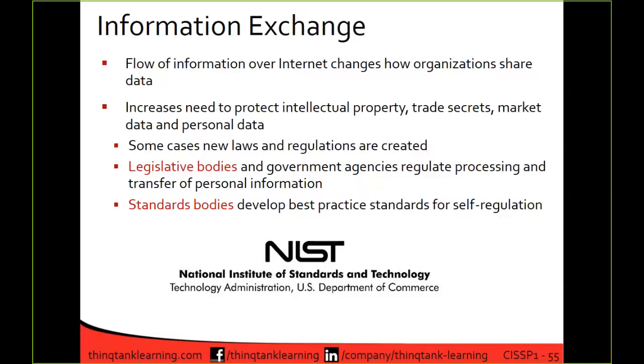But with regard to PII, the most important aspect of managing that is how that information is exchanged over public domain, specifically over the internet. There is an increased need to protect intellectual property, trade secrets, market data, personnel data, and so on, especially as more and more information, and we talked about this in the previous section, gets exported to the cloud.